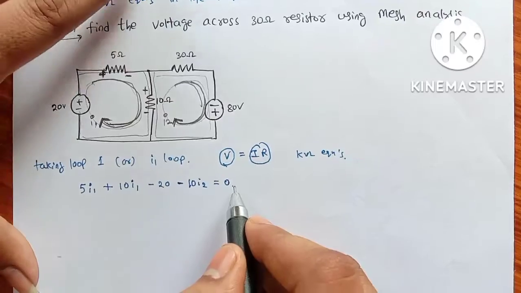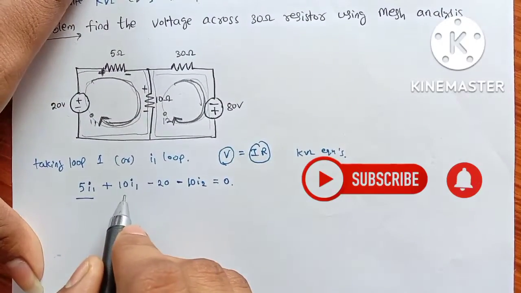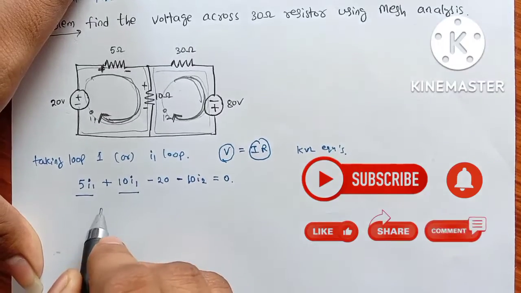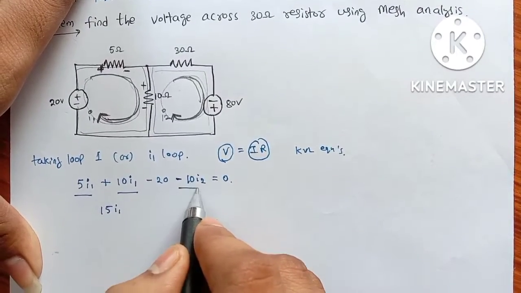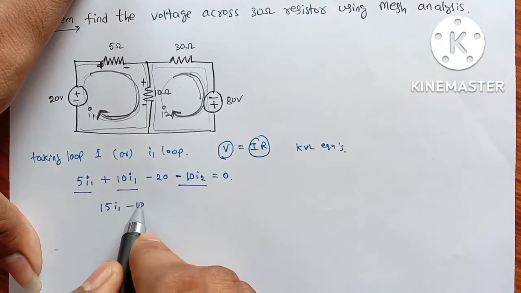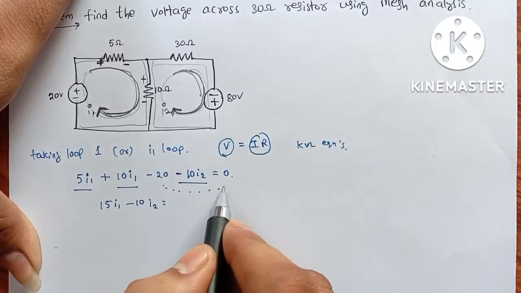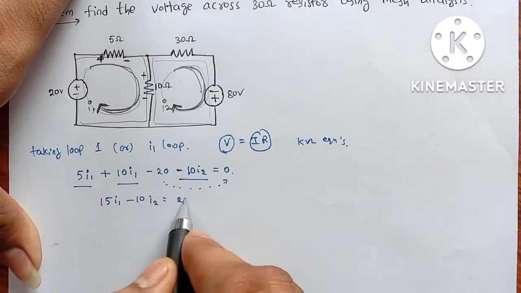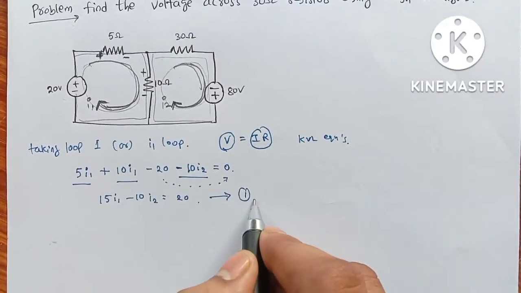By simplifying this, we get 5I1 plus 10I1, which is 15I1, minus 10I2, which is equal to 20. Consider this as equation 1.